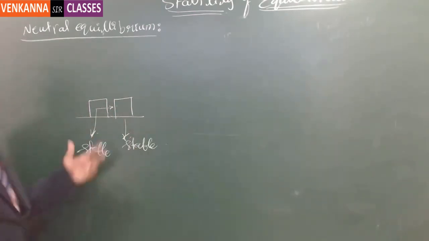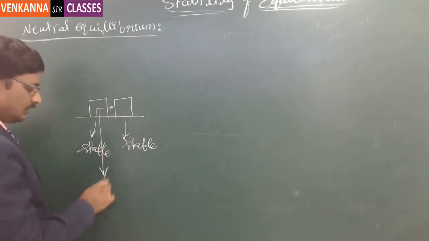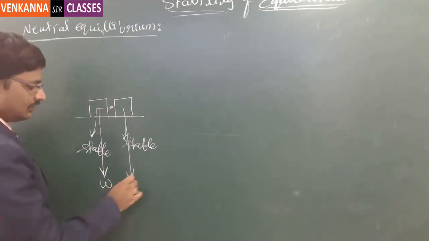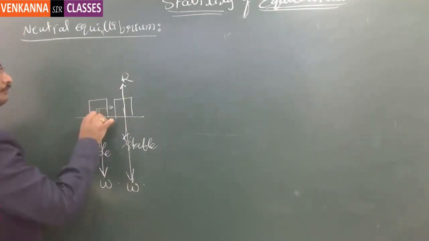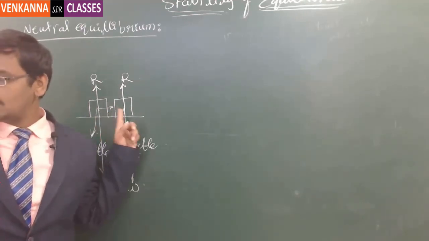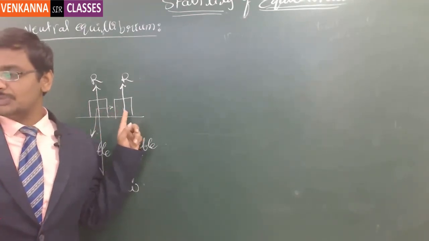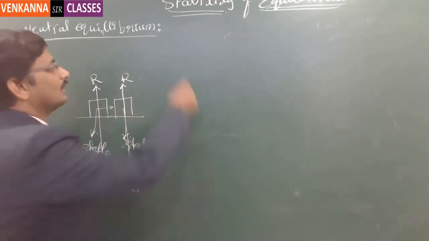In both cases it is under the equilibrium condition, because the weight always acts downwards and the normal reaction is upwards. So here both forces are balanced, and here also the forces are balanced. Even though you have given a little displacement, it is not coming back and it is not moving further. Hence this is called the neutral equilibrium.